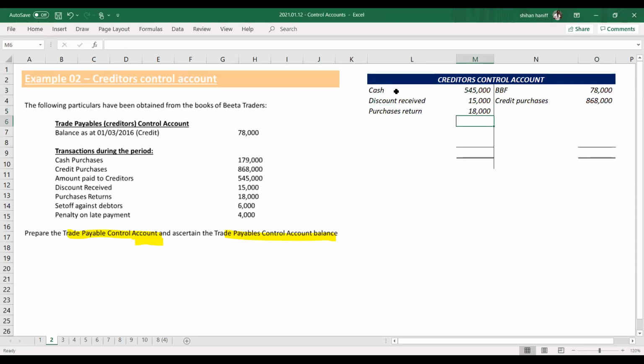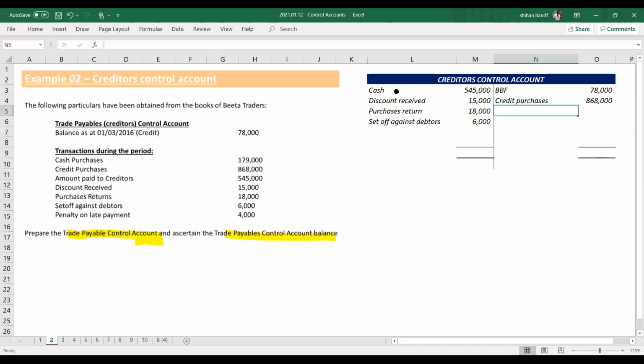Purchases return will be debit. Set off 6,000, debited to the creditors control.